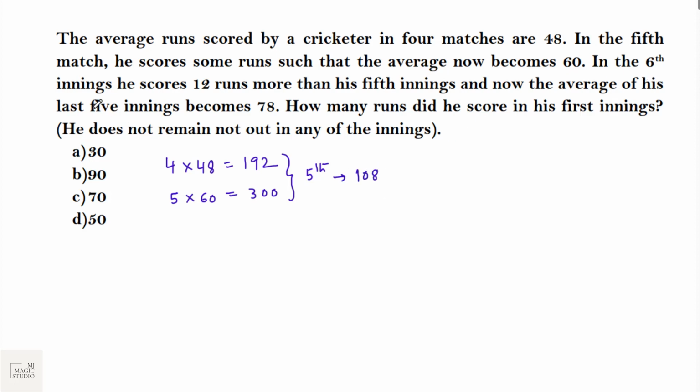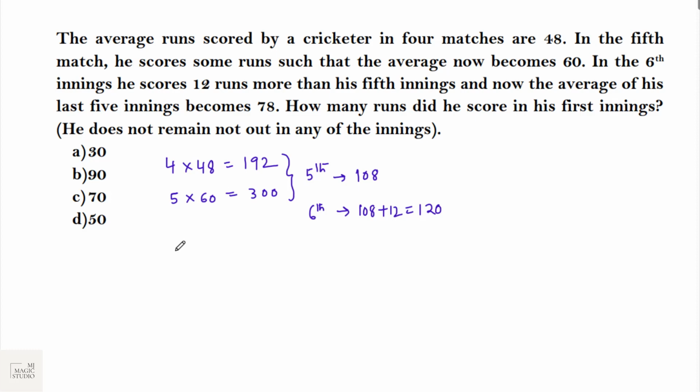In the 6th inning, he scored 12 runs more than his 5th innings. So the 6th inning score is 108 plus 12, that is 120. And now the average of his last 5 innings becomes 78.